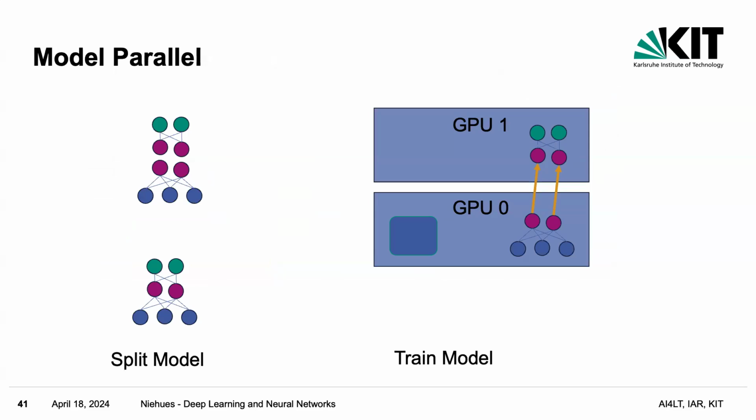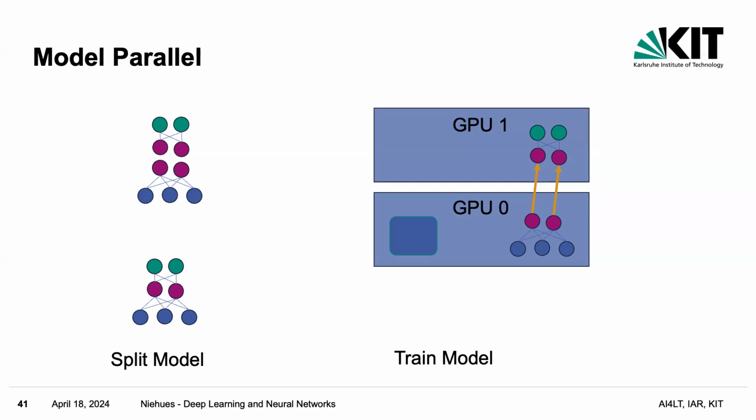More realistically, this would be 100 layers, and 50 layers fit on one GPU. So you can split the model in 2 parts, the first 50 layers and the last 50 layers. You give your data on GPU 0 to the neural network and calculate all your hidden states until you're at layer 50. Then you transfer the data once from one GPU to the other GPU, and you do the rest of the calculation.